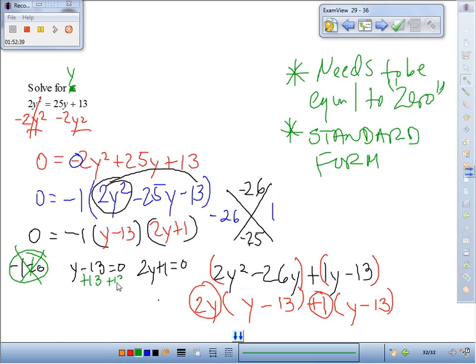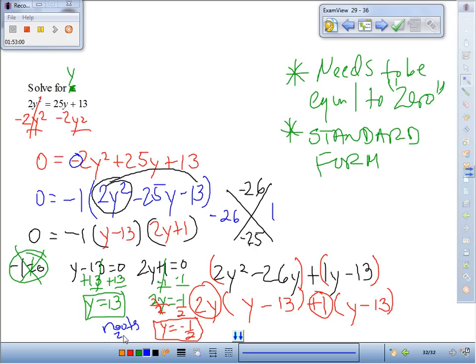Plus 13, plus 13. Y equals 13. This one, subtract 1, subtract 1. 2y equals negative 1. And at the end, divide by 2, divide by 2. Y equals negative 1/2. And what are these called? Roots or zeros or my x-intercepts. And we're done. Piece of cake.